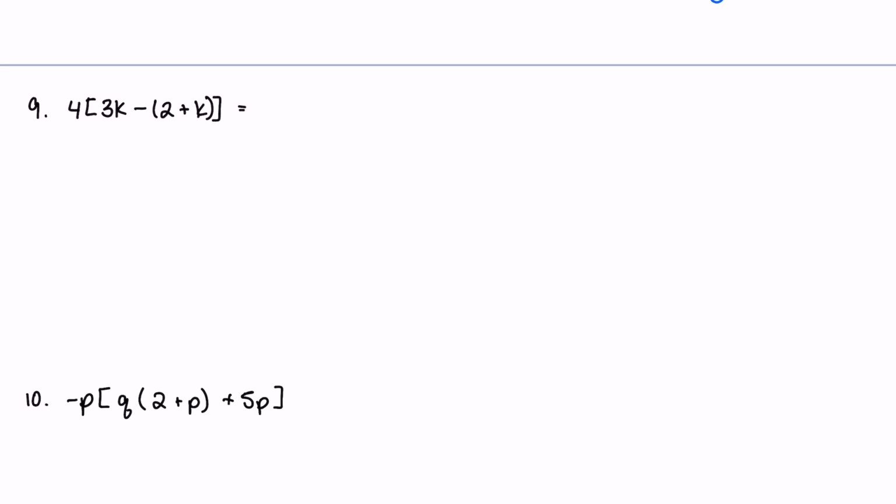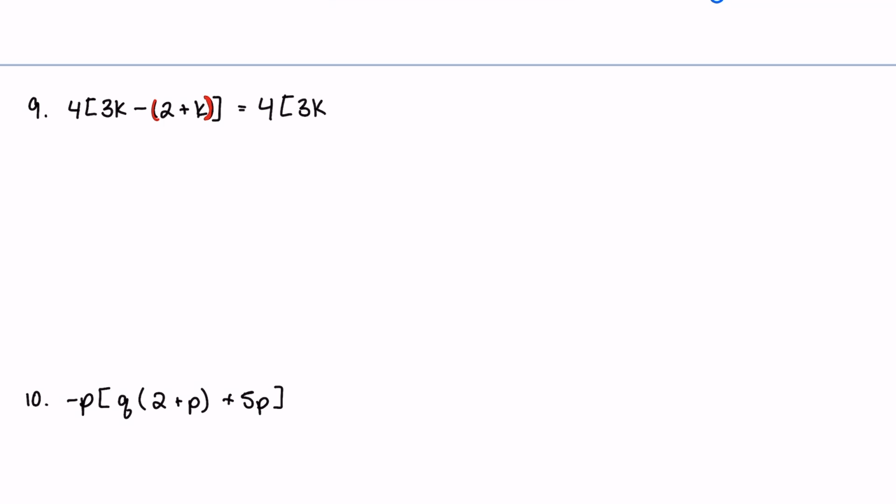For question 9, we have nested brackets, so we're going to work with the innermost brackets first and then work our way out to the outermost brackets. So the innermost brackets would be right here. So the first thing we're going to do is write everything up until the part that's getting distributed. So we have 4 times 3k.